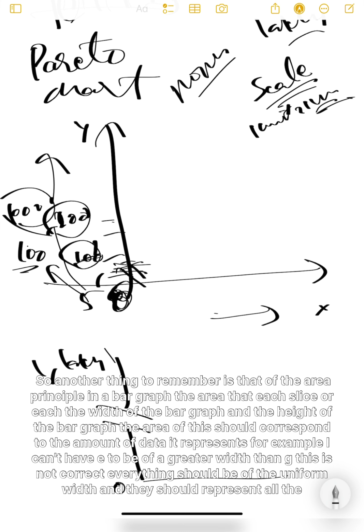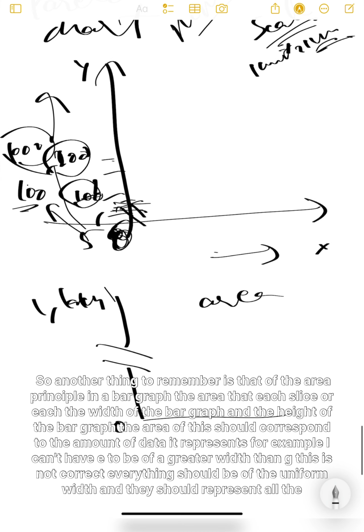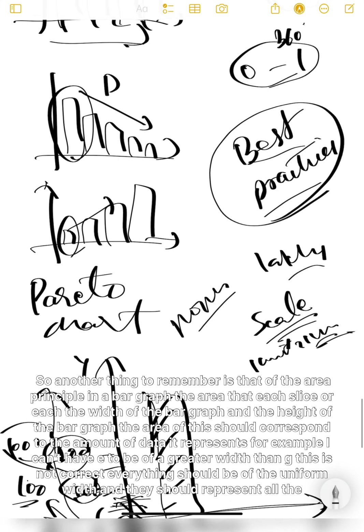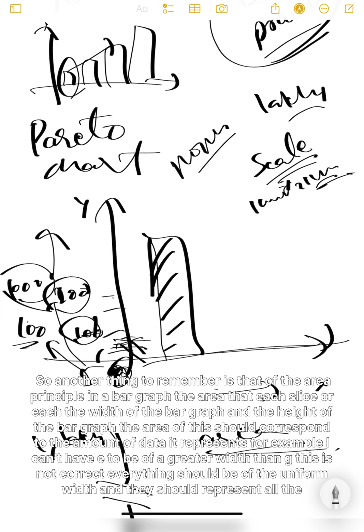Another thing to remember is the area principle. In a bar graph, the area of each bar, the width and the height of the bar, should correspond to the amount of data it represents. For example, I can't have E to be of a greater width than G. This is not correct.